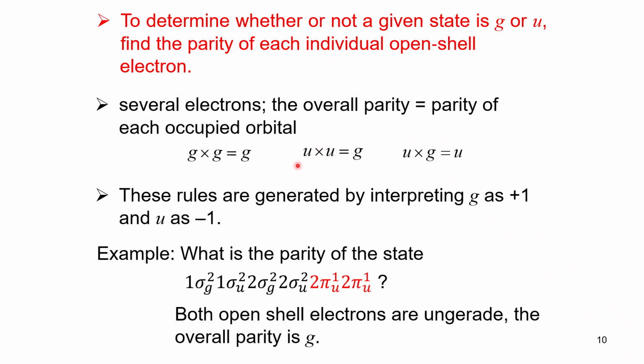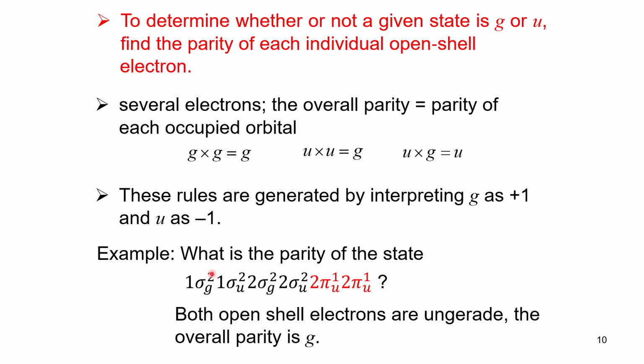Similarly, if electron 1 is in a u orbital and the other electron is also in a u molecular orbital, then the overall parity is also g. But if one electron is in u and the other one is in a g molecular orbital, then the overall parity will be u. These rules are generated by assuming g is +1 and u is -1. So +1 multiplied by +1 gives +1, and +1 multiplied by -1 gives -1.